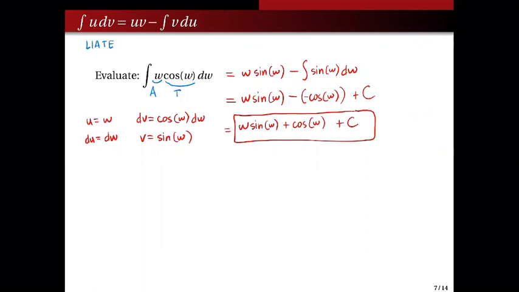If this guy here becomes more complicated compared to your original integral, then most possibly the integration by parts method you use fails. So you have to choose another u and another dv. Okay?